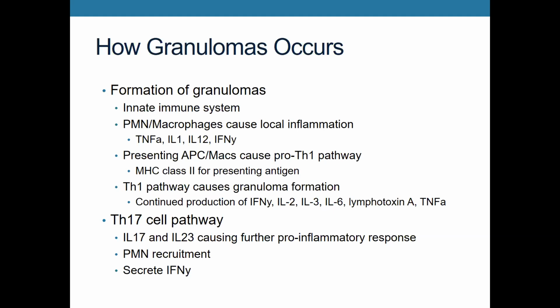TNF alpha especially plays an important role in maintaining granuloma structure, along with CD4 T helper 1 cells, producing further IFN gamma, IL-2, IL-3, lymphotoxin A, and TNF alpha, which continues the progression of inflammation in the area.